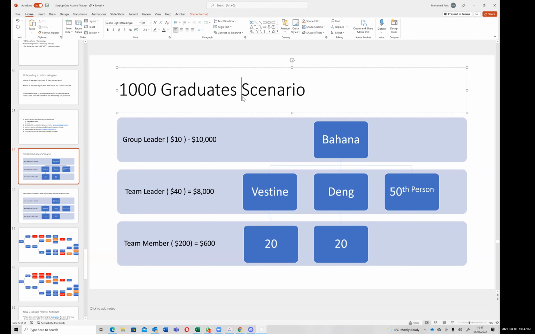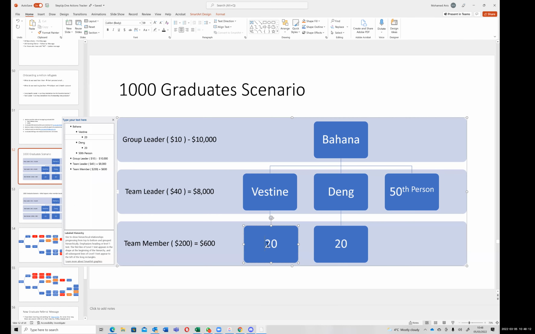Each team leader will work with their first 10 graduates, having the email, the HubSpot user, and maybe recommending for the graduate to get the clients in hand.